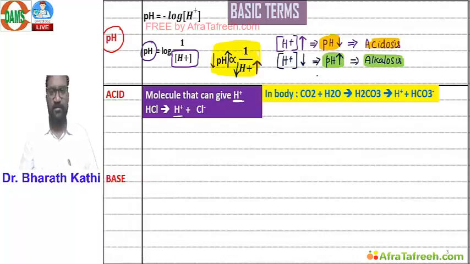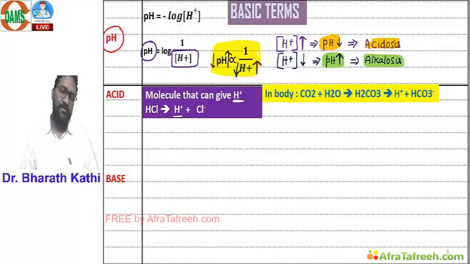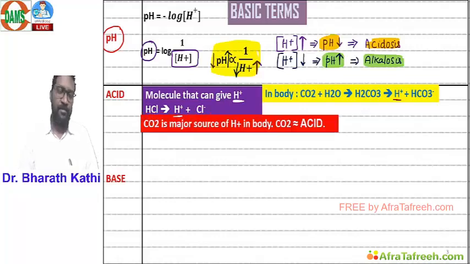In this equation, CO2 plus H2O gives rise to carbonic acid, and carbonic acid is the one giving H plus. In simple words, CO2 is the source of H plus in your body, so it should be considered as acid. CO2 is the one ultimately giving rise to H plus in the body. That's why CO2 is considered as acid in your body.